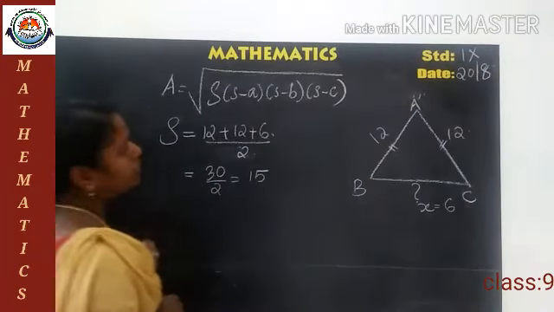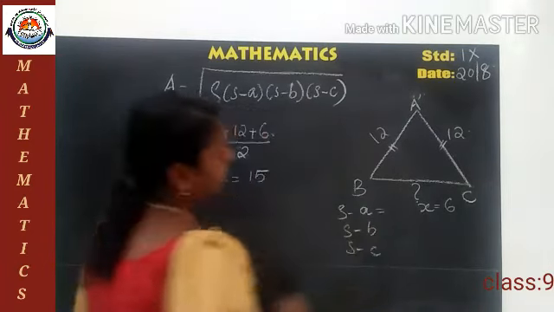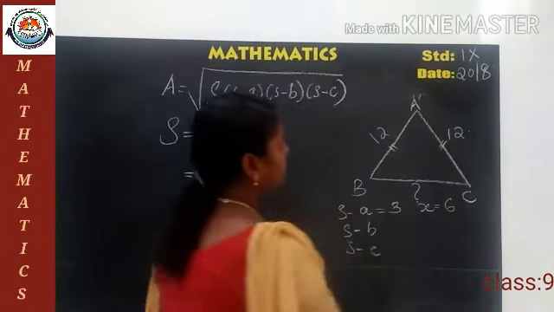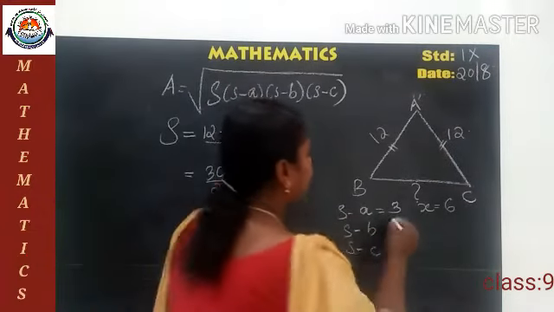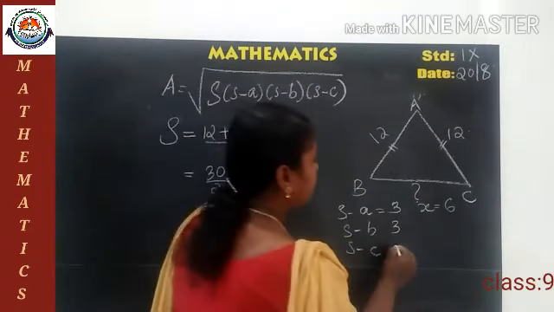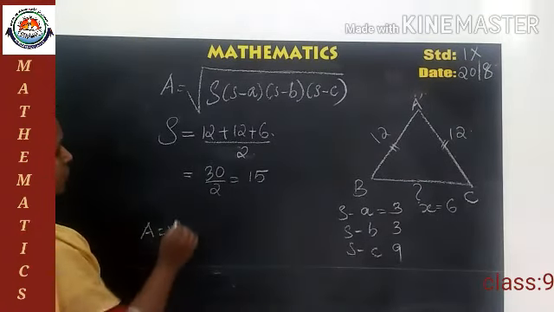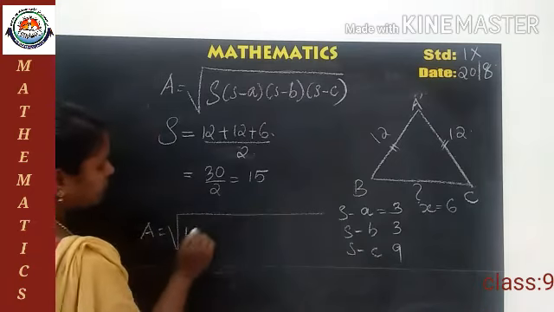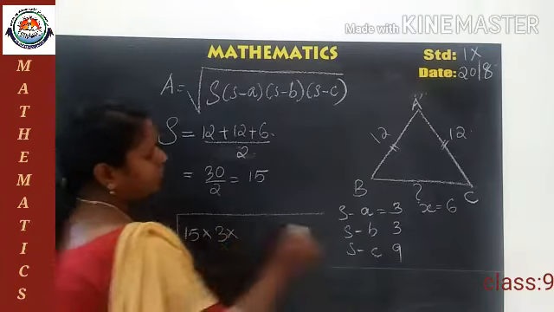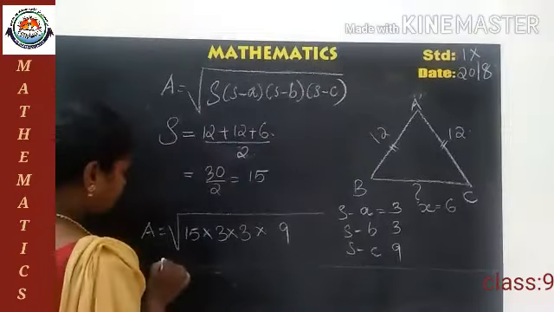Okay, next we need to get s minus a, s minus b, s minus c. S is 15, 15 minus 12, it is 3. Then 15 minus 12 again, it is also 3. And 15 minus 6, it is 9. Then area equal to root of s is 15 into s minus a is 3 into s minus b also 3 into 9.